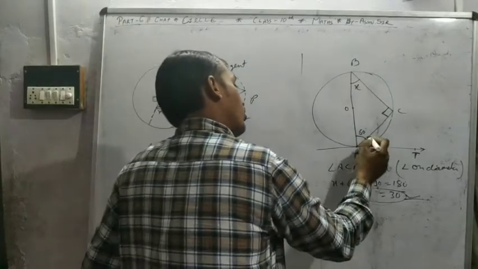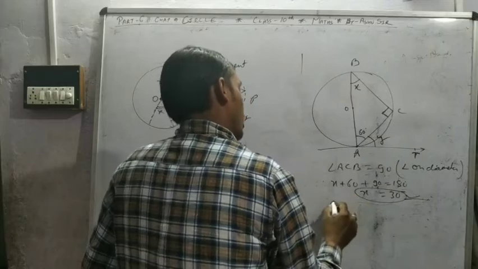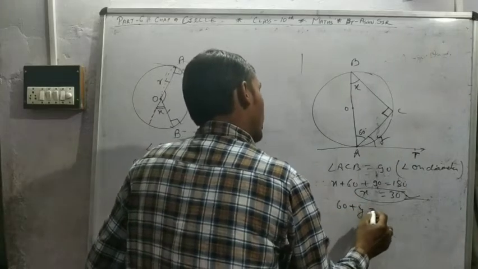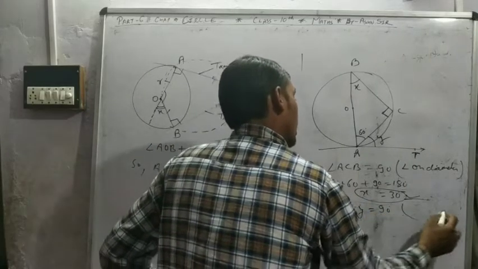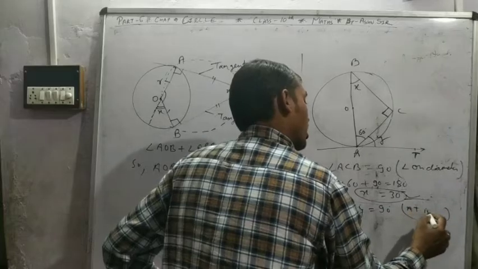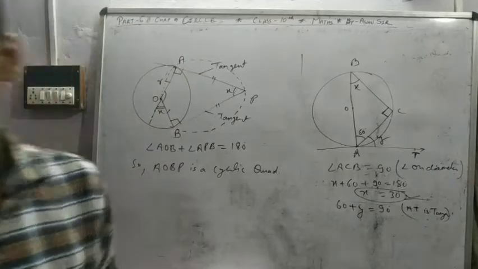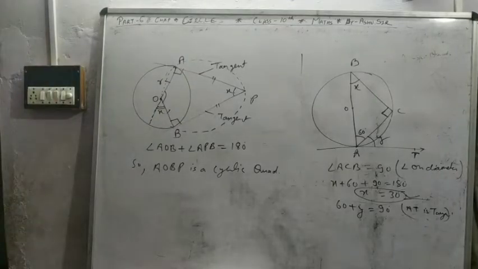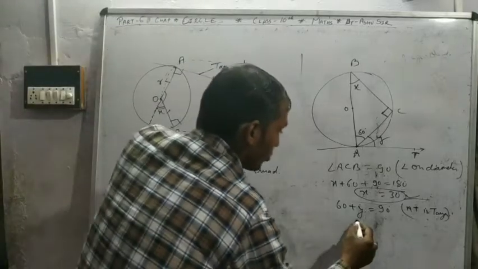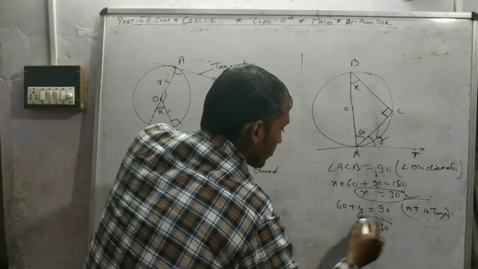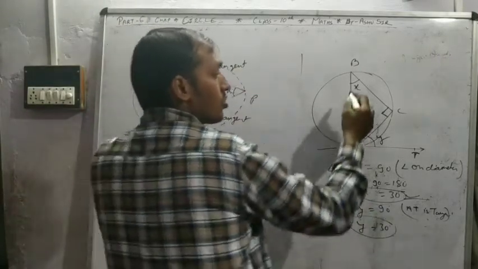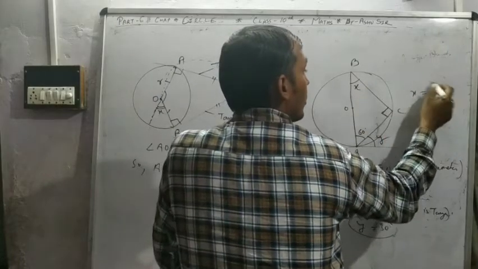Similarly, if you want to find the value of y, 60 plus y is equal to 90 because AB is a tangent. So y is equal to 30. So you can also say x is equal to y.